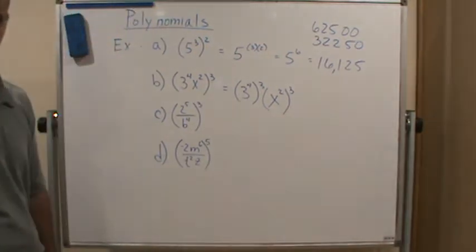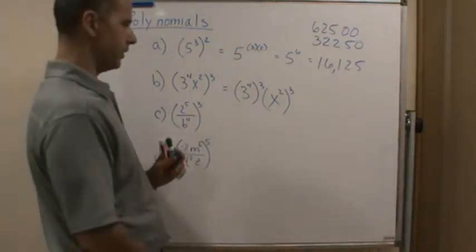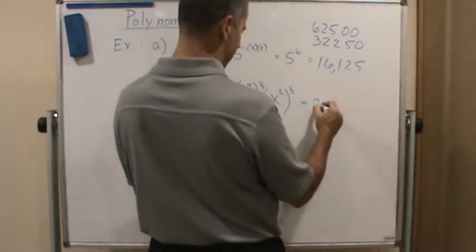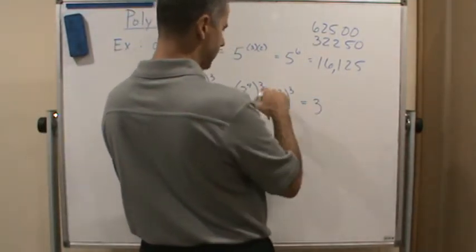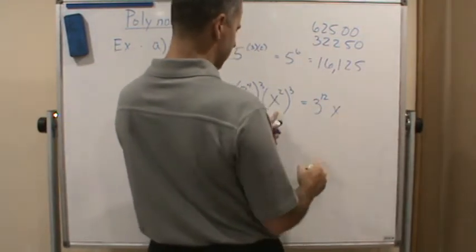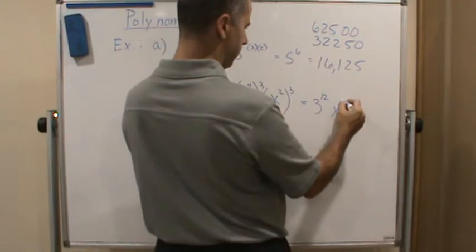So I used one of the power rules for that. Now I'm going to use the other power rule to combine these. So this is 3 to the 4 times 3, which is 12, times x to the 2 times 3, which is 6.